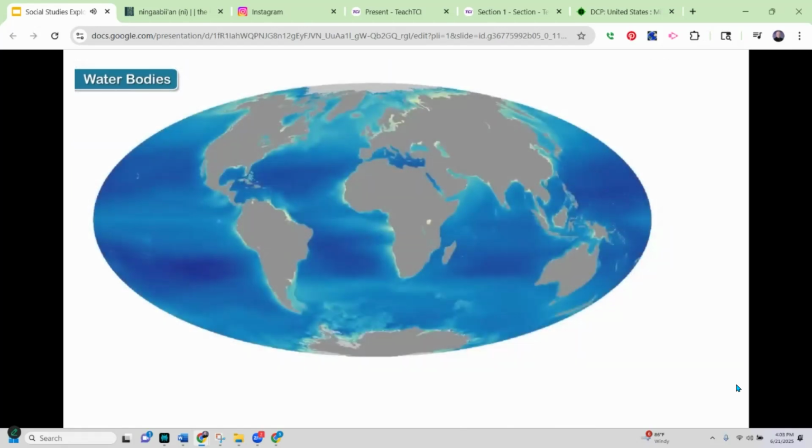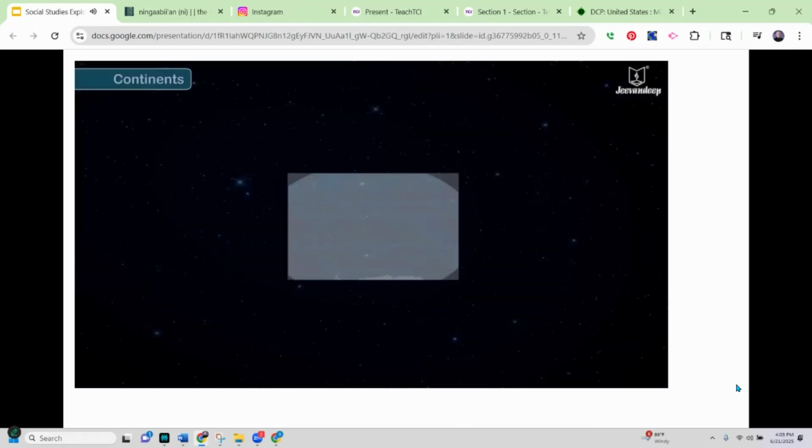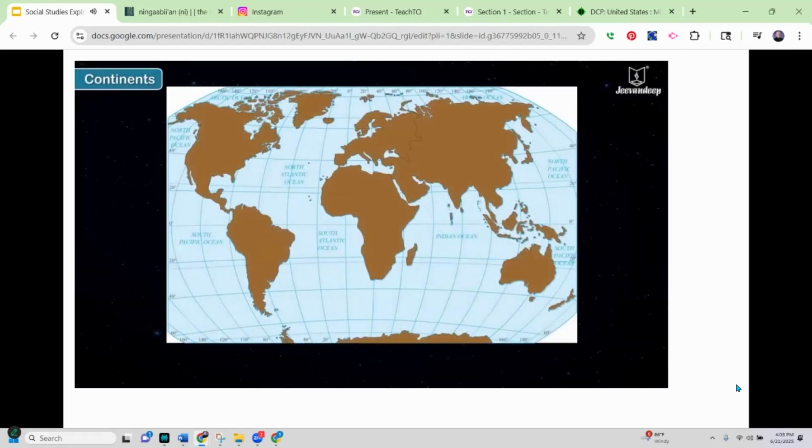There are 5 oceans on the Earth: the Atlantic Ocean, the Pacific Ocean, the Indian Ocean, the Southern Ocean, and the Arctic Ocean. Continents.